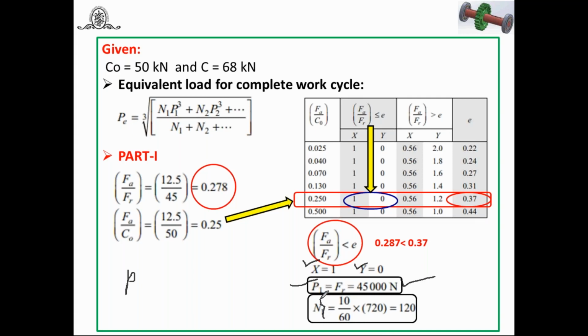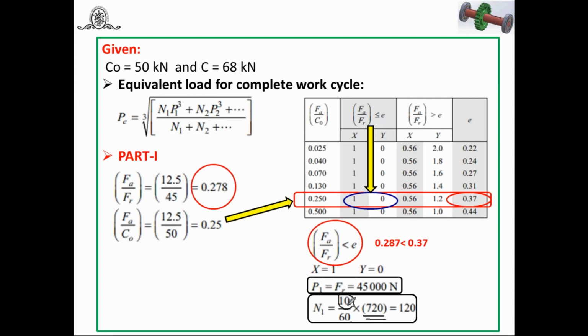Then how to find N1? This is very important: the number of revolutions for this first element of 10 seconds. Look at this here. It rotates at 720 RPM. You can convert RPM into RPS by dividing by 60. But how many seconds are given here?